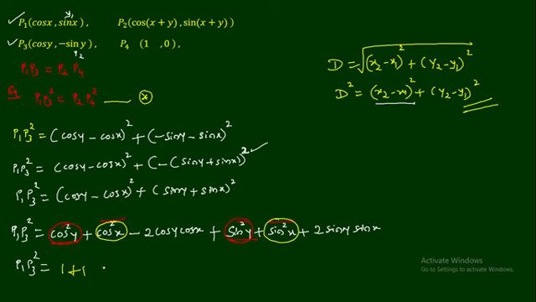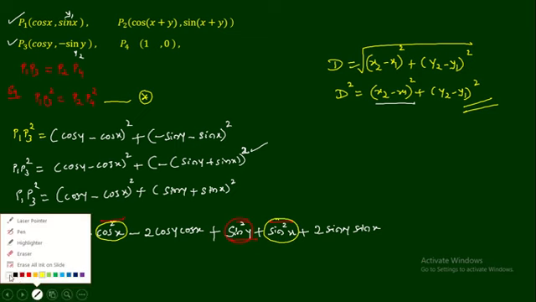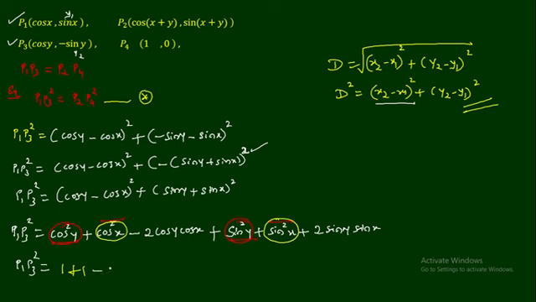These went for 1 plus 1. Then the remaining terms you need to write as they are. What are the remaining terms? Minus 2 cos y cos x, and here plus 2 sin y sin x. Hope you are understanding. One is cos square y plus sin square y is 1. Another is cos square x plus sin square x is 1. Remaining minus 2 cos y cos x plus 2 sin y sin x, as it is I have written.